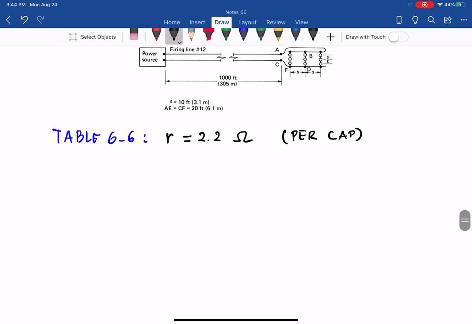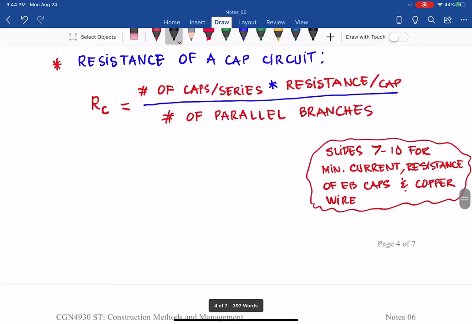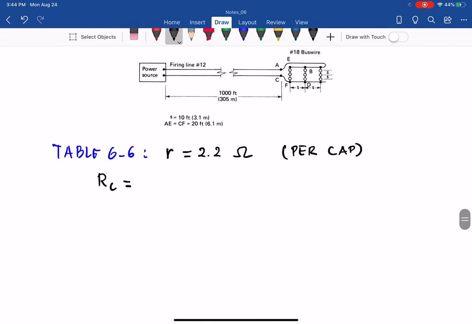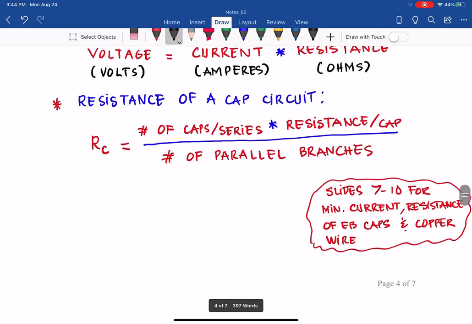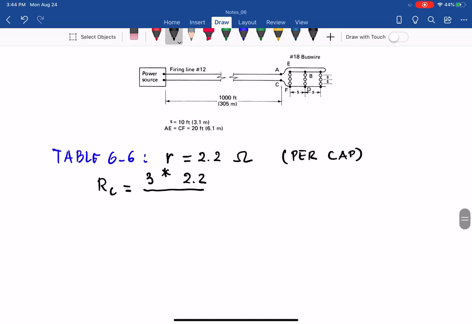So RC, the resistance of the cap circuit, equals 3 caps per series times the resistance per cap 2.2, divided by 3 parallel branches. So we have the resistance of the cap circuit equal to 2.2 ohm.